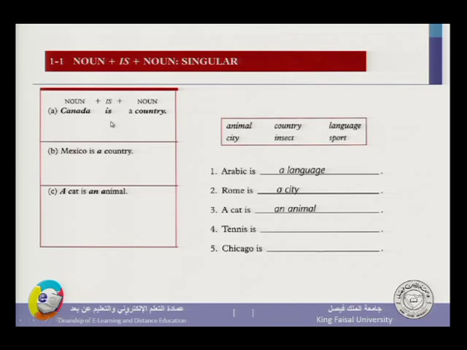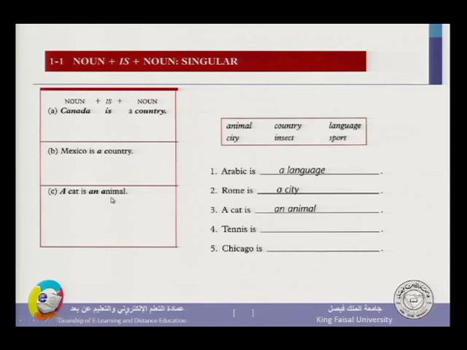We do not say Canada takun dawla, but we say Canada dawla. If you apply this into English, this doesn't work. It's a wrong sentence. If I say Canada, a country without is, then it's wrong. So remember that you should use is here, even if it's not there in Arabic. Mexico, a country, wrong. Mexico is a country. A cat is an animal.